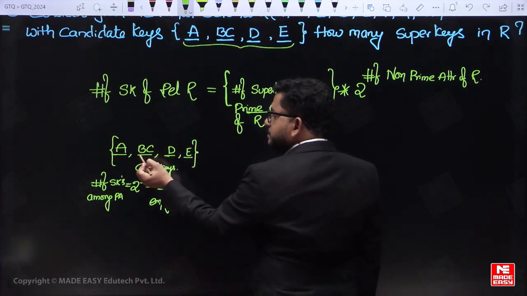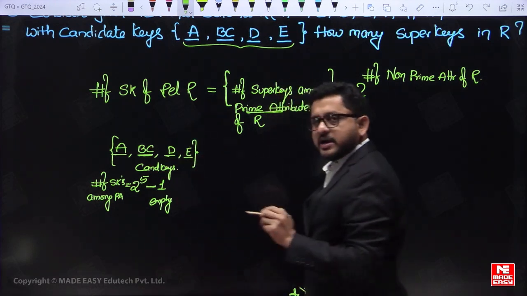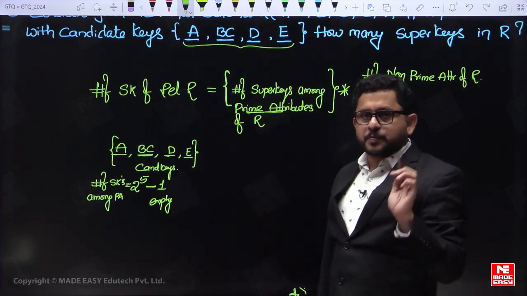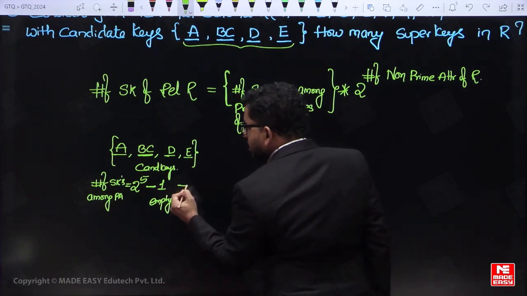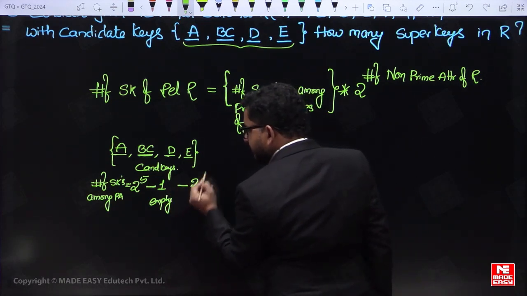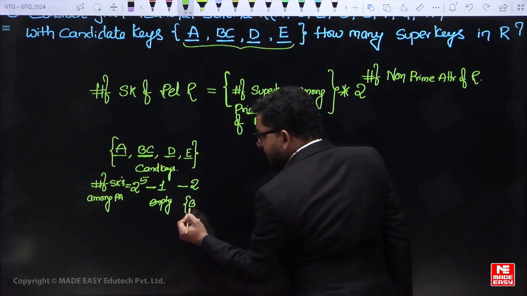Because BC combined is a candidate key, only B and only C are not candidate keys and not super keys either. So we are also subtracting two possibilities: only B is not a super key, and only C is not a super key.